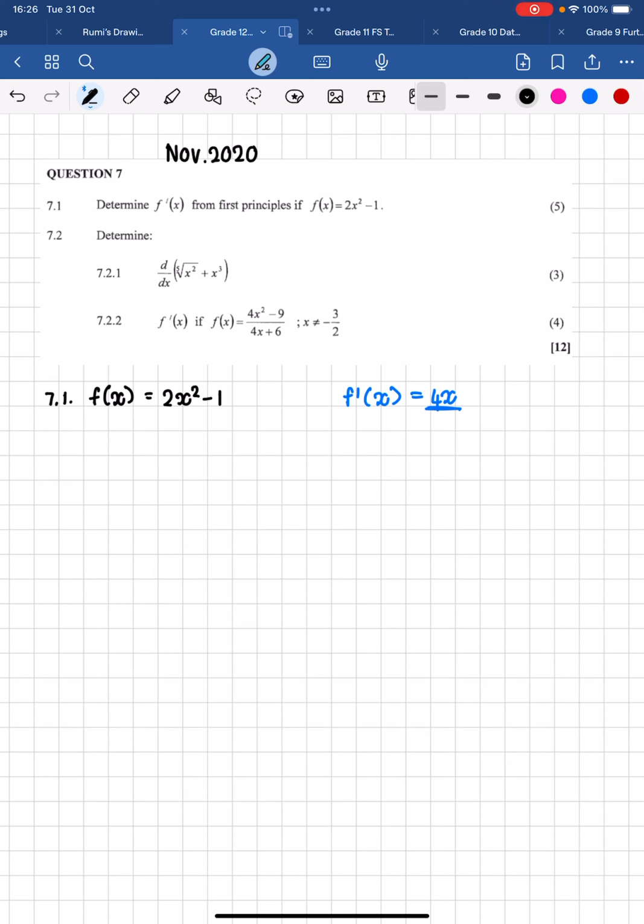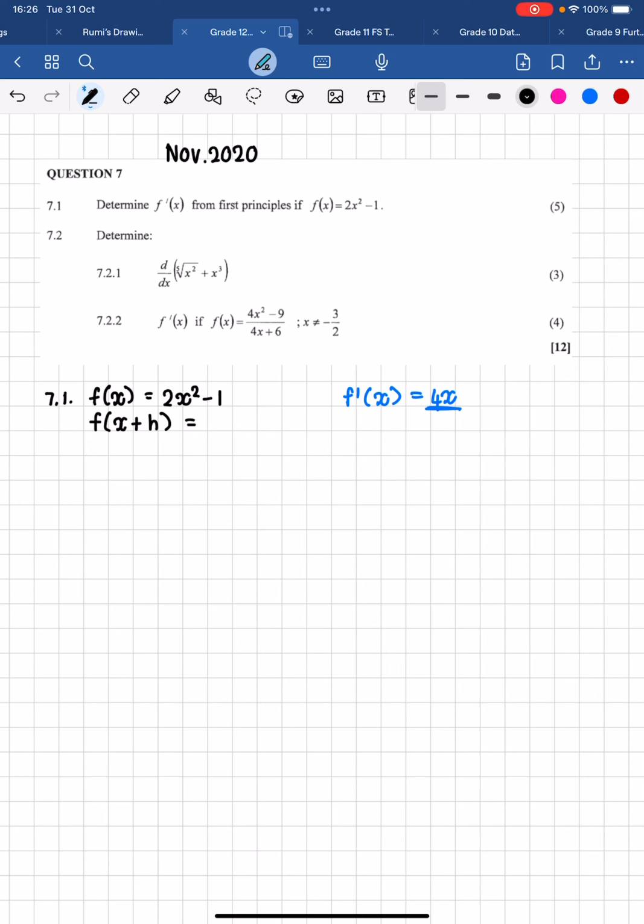My apologies. All right, so now when we are finding the derivative using first principles, there are different ways in which you can write this. I think some teachers write everything in fraction form right from the start. I don't like writing a whole lot of stuff in fractions, so I am first going to calculate f of x plus h, and then once I've simplified that, I'm going to set up my fraction.